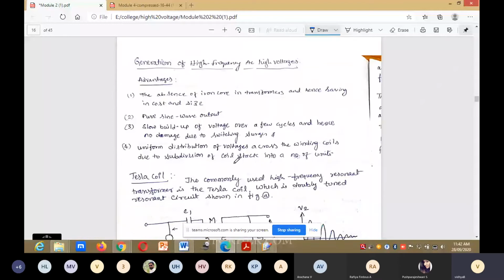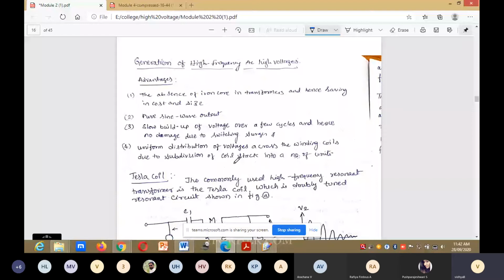The advantages are the absence of an iron core in transformers and hence saving in cost and size. Pure sine wave output, and slow buildup of voltage over a few cycles and hence no damage due to switching surges.